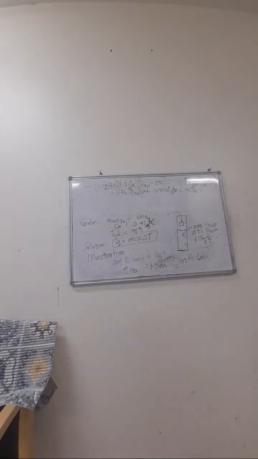So 100 times 95 is 9,500. So you should be careful in the substitution.